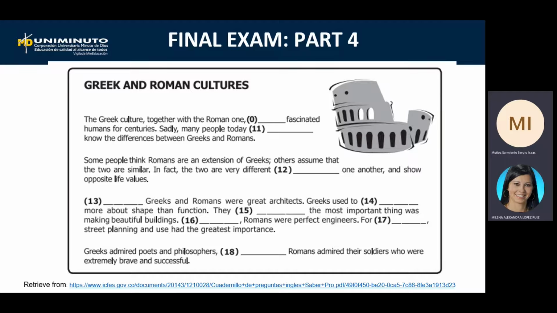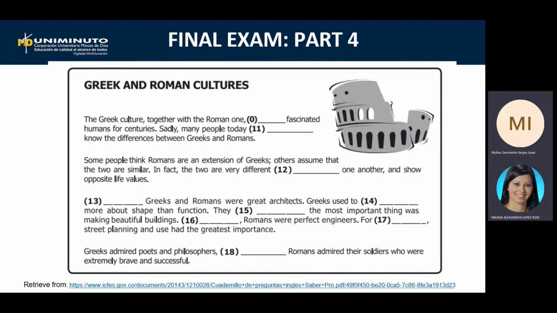Next one. They believed the most important thing was making beautiful buildings. Letter A. That will be believed, in past. Very good. We're talking about the past. Good. Next one.